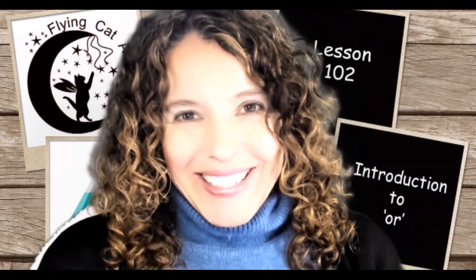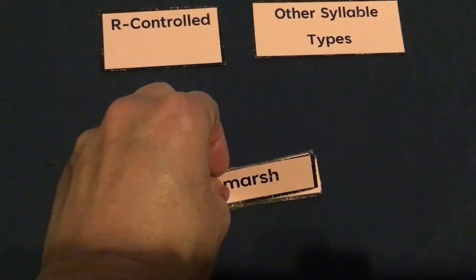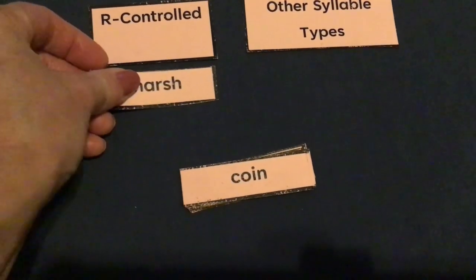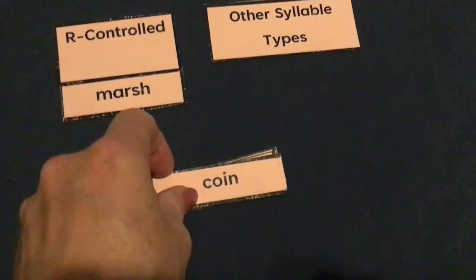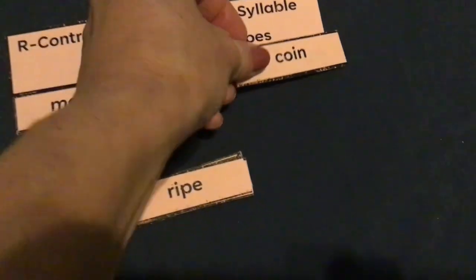We're going to do a quick sort. You don't have to even read the words, you just have to sort them. So you're going to look at the word on the card and then sort it under either the heading that this is an R-controlled word, or is it some other syllable type? And you don't even have to read the words, just do a nice quick sort.